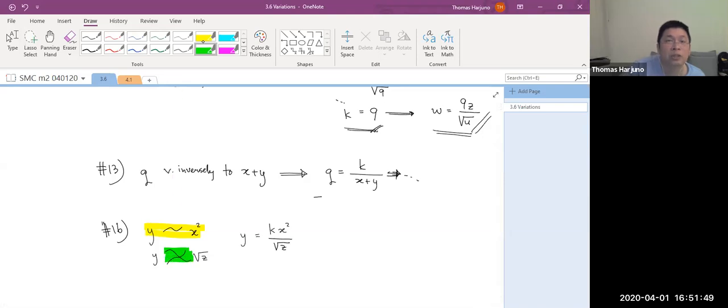Some teachers use the following for inversely proportional: y inversely proportional to square root of z, they say it's proportional to 1 over square root of z.